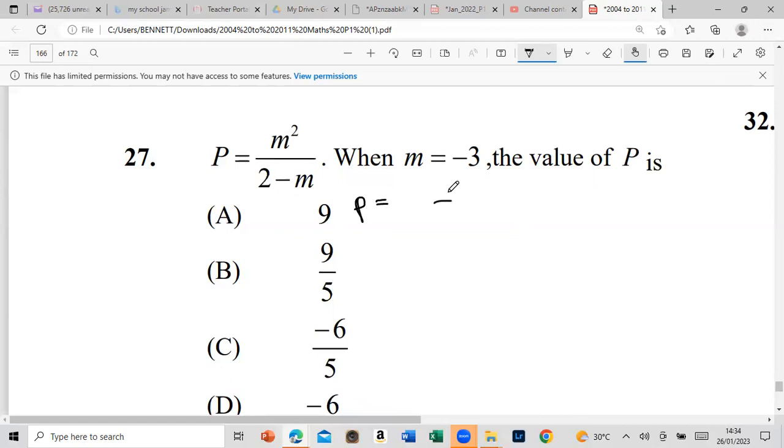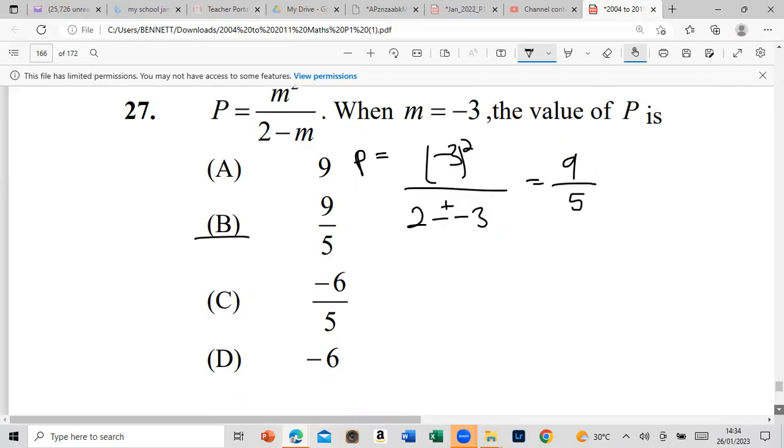Alright, so m squared, so that's minus 3 squared upon 2 minus minus 3. Be careful, guys, alright? So minus 3 squared means 3 times 3, which is positive 9, and 2 minus minus 3 becomes a plus. So 2 plus 3 is 5. So that's 9 over 5. And that is our correct answer.